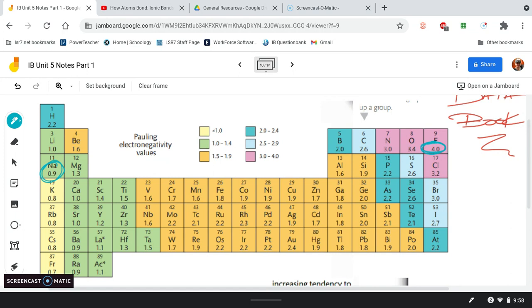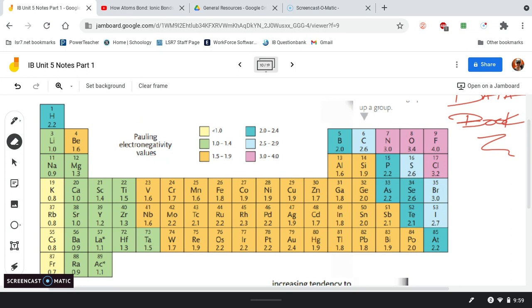We talked about it, right? It wants to become Na+1, which means that it doesn't want to get electrons. So it's a low number. So the low numbers don't want electrons, and the big numbers want electrons. But the scale only goes to 4. So you have a fairly small scale.